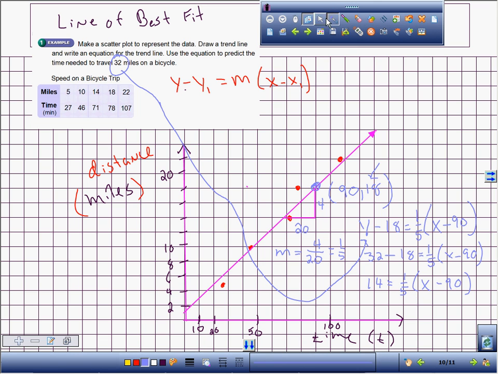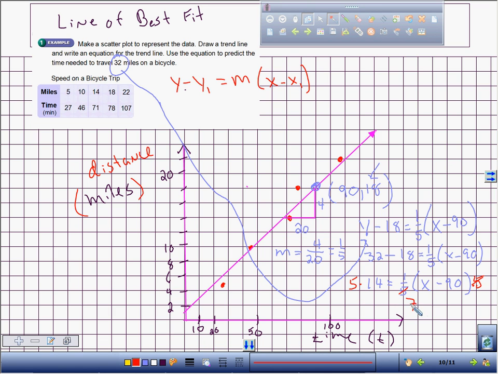Anyone? Multiply by something. Oh, times 1/5 everything. I'm going to times by 5, not 1/5. Times by 5, which is going to make this disappear. Okay? 5 times 14, I think, is 70.